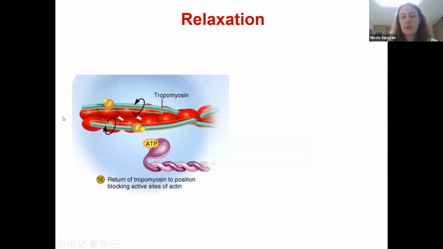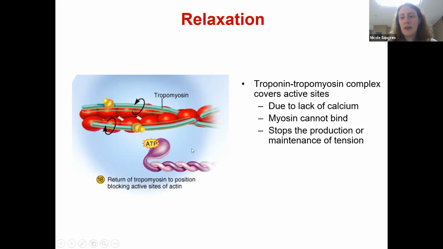All right, and so as long as that calcium gets removed and is being sequestered away again within the sarcoplasmic reticulum, now it's no longer going to be bound to troponin, and so tropomyosin is going to move back to its original position, covering all of the active sites on actin, right? Once those active sites are covered, actin and myosin cannot bind to each other, and so you no longer are able to form any cross bridges, right?